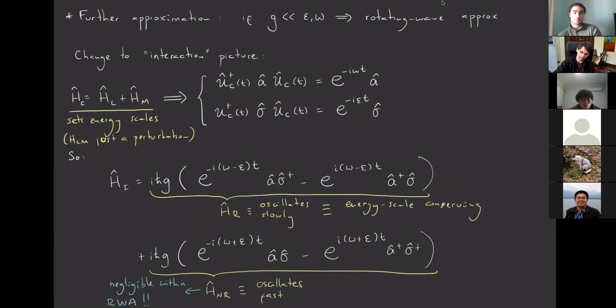Or when you de-excite the atom, you emit a photon. So this means that every time you perform a transition in the atom, it is accompanied with the process of emitting or absorbing a photon. And this preserves the energy, in the sense of the scale set by the free Hamiltonians.